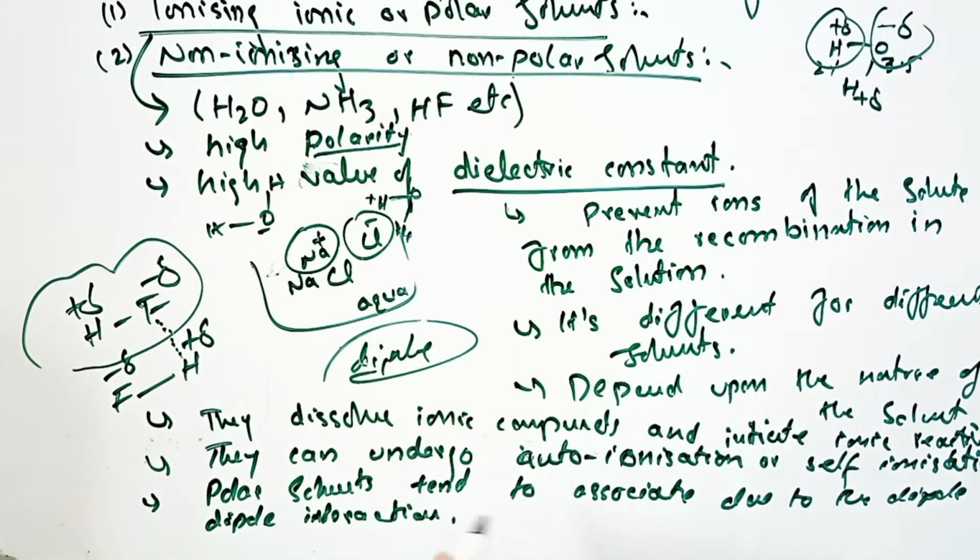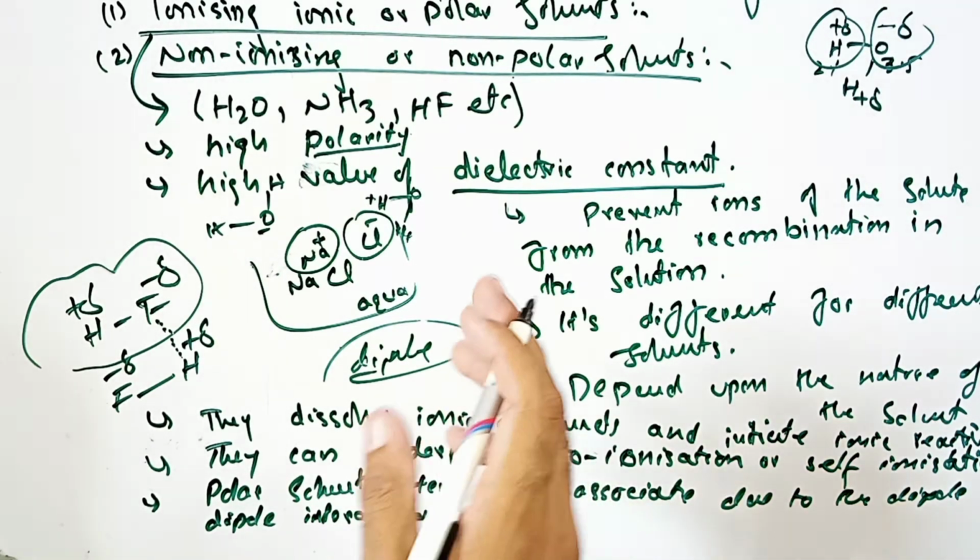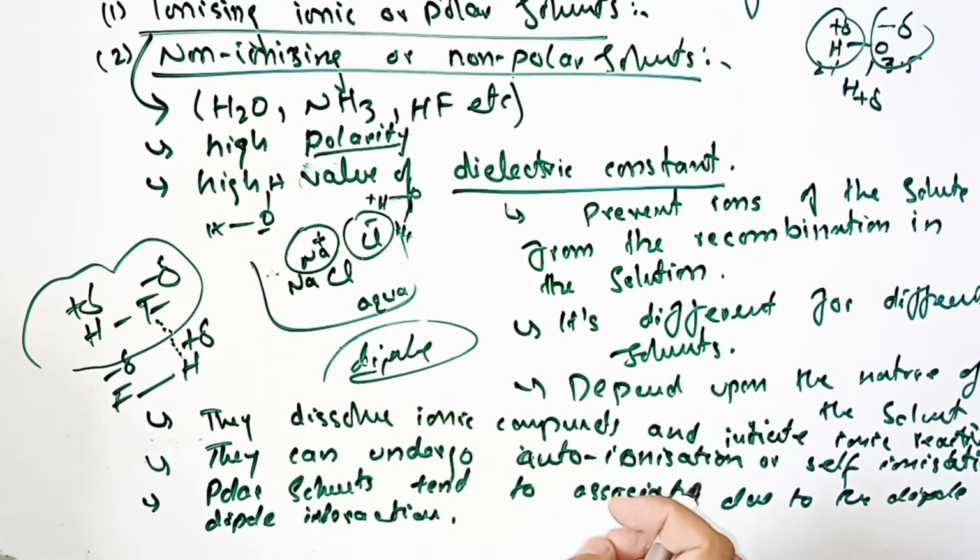This association or interaction is more effective in protonic solvents, or protic solvents, in polar solvents that contain hydrogen, because of their hydrogen bonding capability. The protonic solvent will have more association due to the dipole interaction.